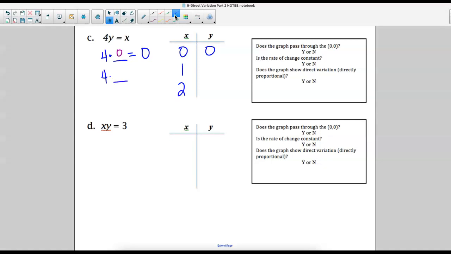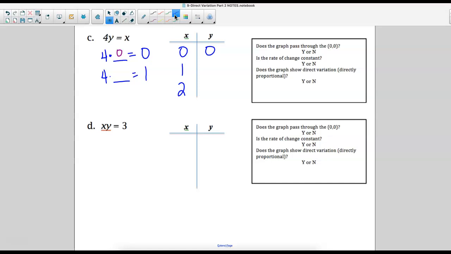4 times what equals 1? That's a little trickier. Anybody know? Lexi? 4 divided by what would give me 1? 4, right?